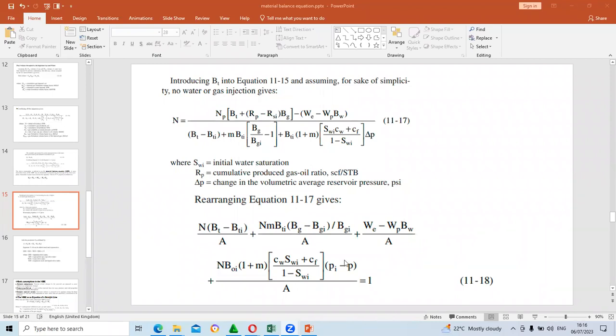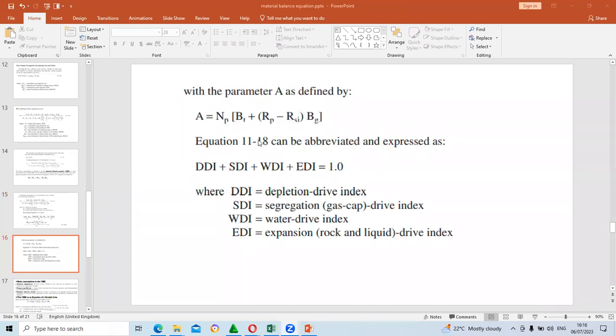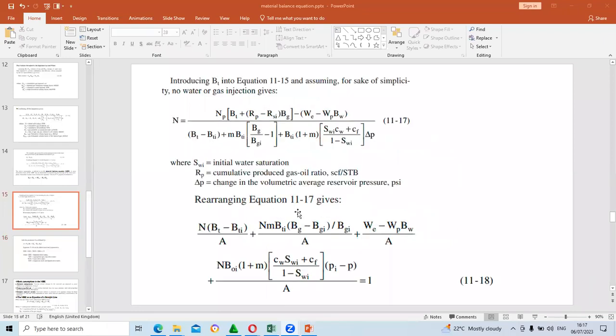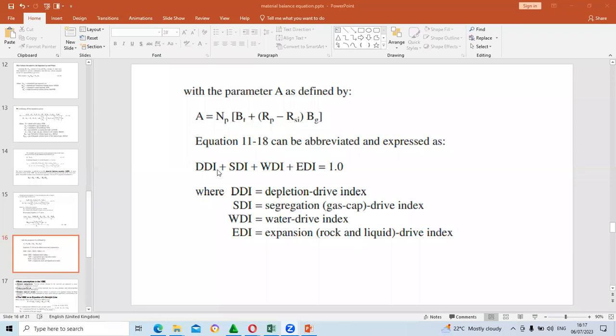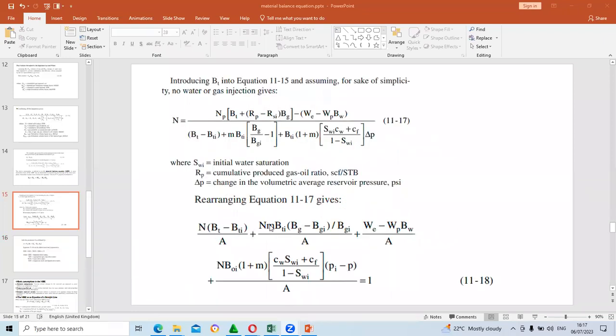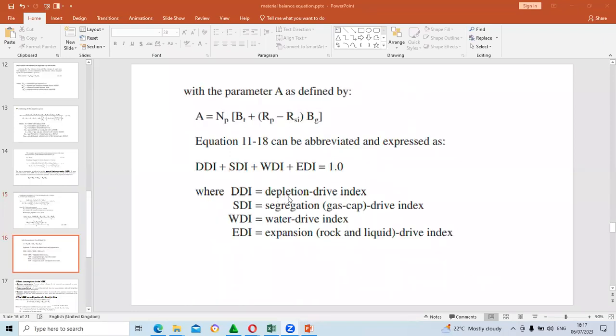Each of these components that it has been rearranged to signifies the influence of some particular quantity or some particular energy source on the reservoir. Let's take this particular quantity, for example. I've defined what A is. This quantity signifies DDI, which is what?